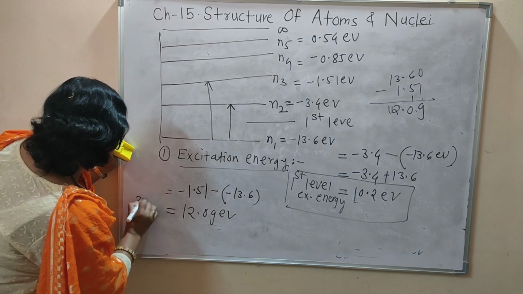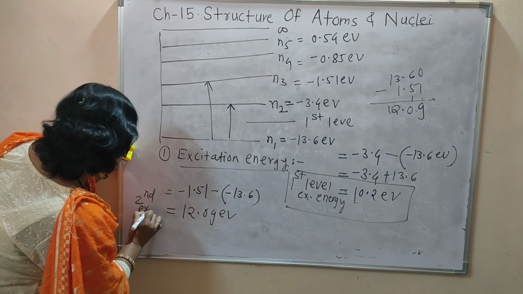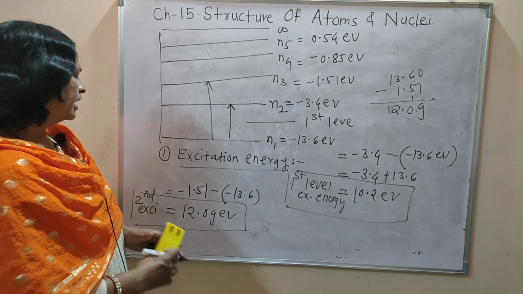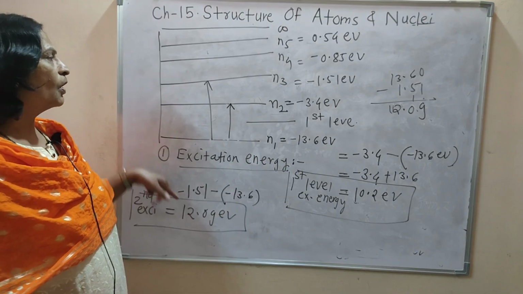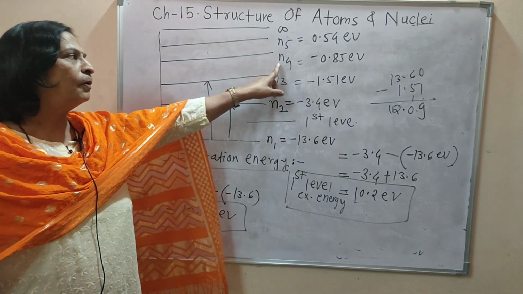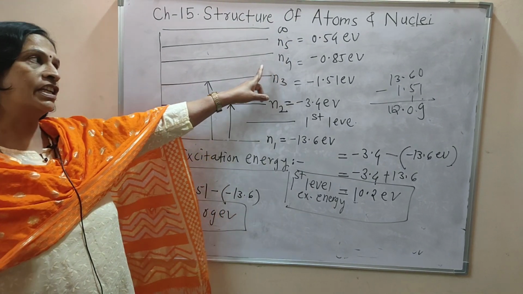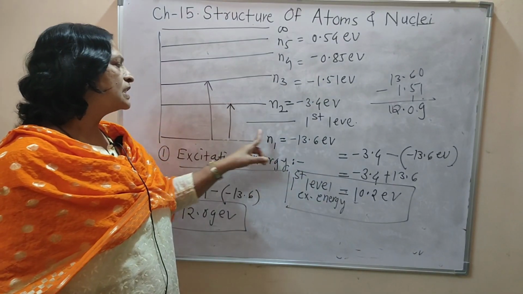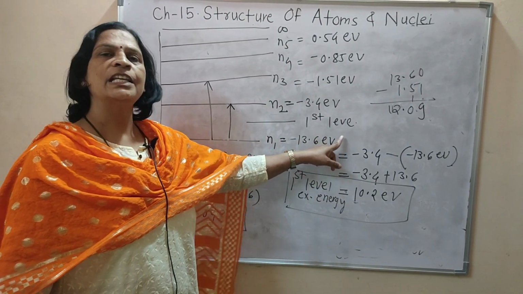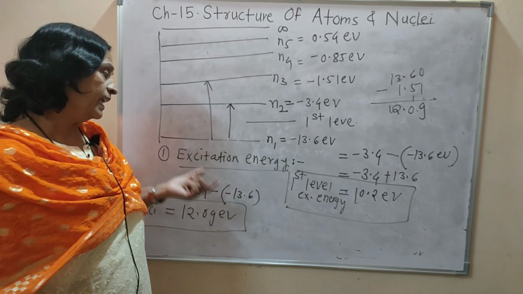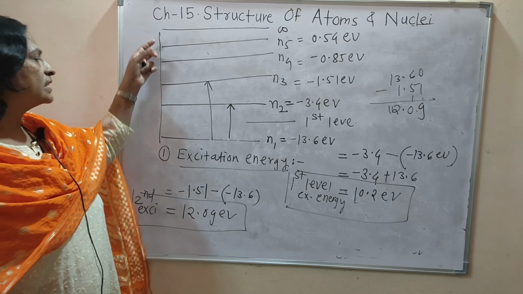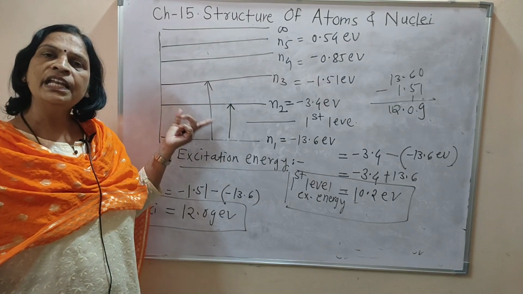This is the second level excitation energy. And in this manner, we can calculate the excitation energy for any orbit. For n equals 4, the third level excitation energy is minus 0.85 minus (minus 13.6) electron volt, and we can calculate the excitation energy for any level.